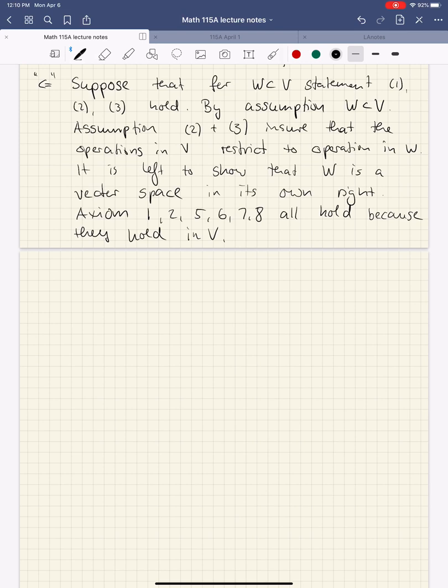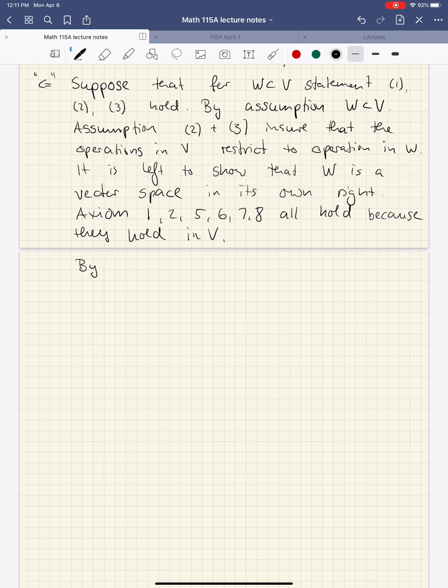What is different for axioms 3 and 4? Axioms 3 and 4 say that something exists. If I restrict to a subset, I know it exists in the bigger set, but that doesn't ensure it exists in the smaller set. So we still have to show that these hold. Let's start with axiom 3.